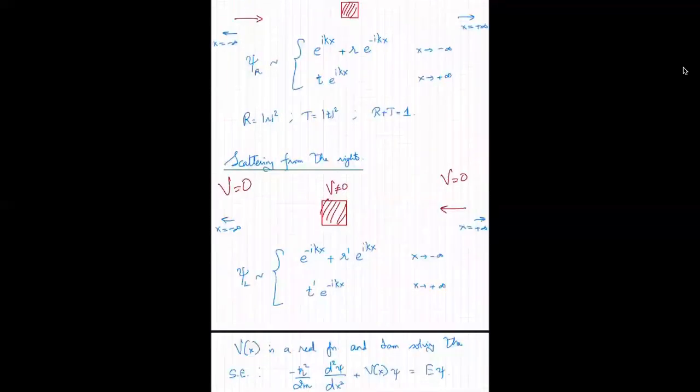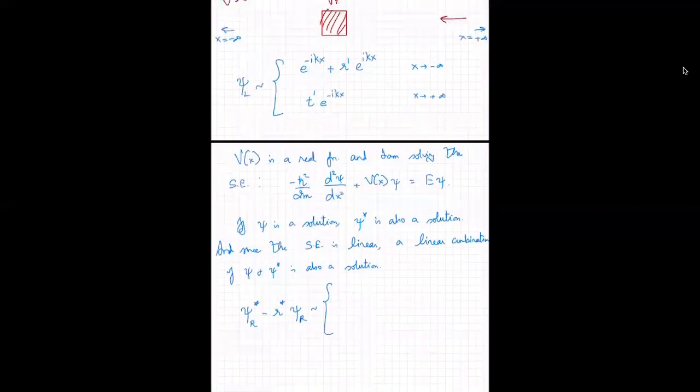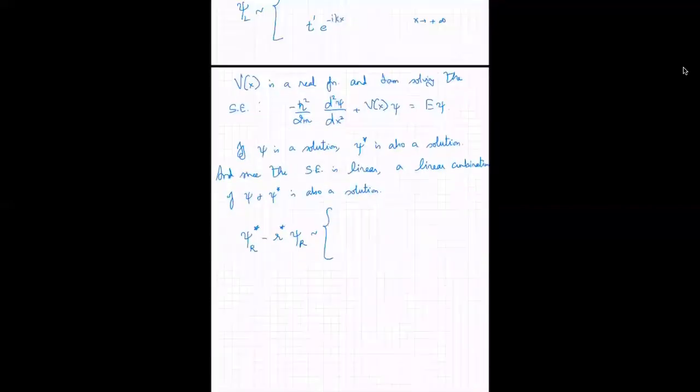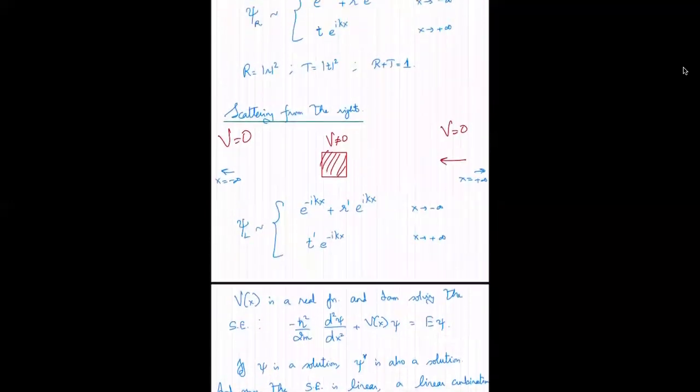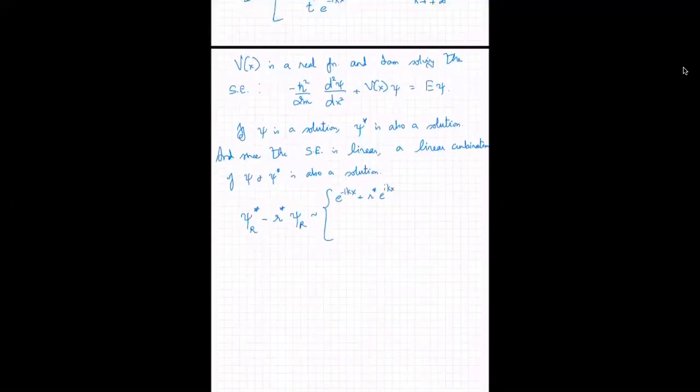Well, in the minus infinity region, psi r goes like e to the ikx plus r e to the minus ikx. So psi r star should go like e to the minus ikx plus r star e to the ikx, right?